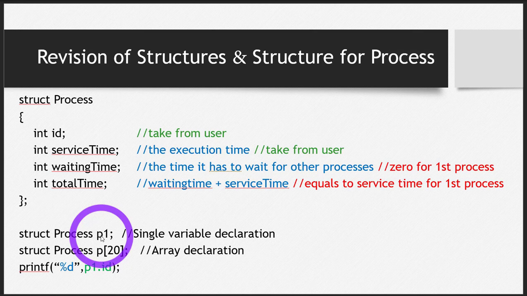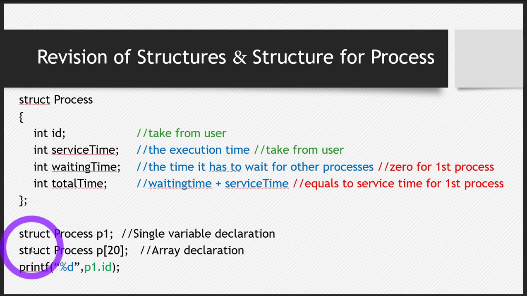For that, I have named it P1. So this is how you declare a single variable. And you write the keyword struct here if you are defining this variable somewhere after this semicolon. If you do that before it, you don't write this keyword struct.